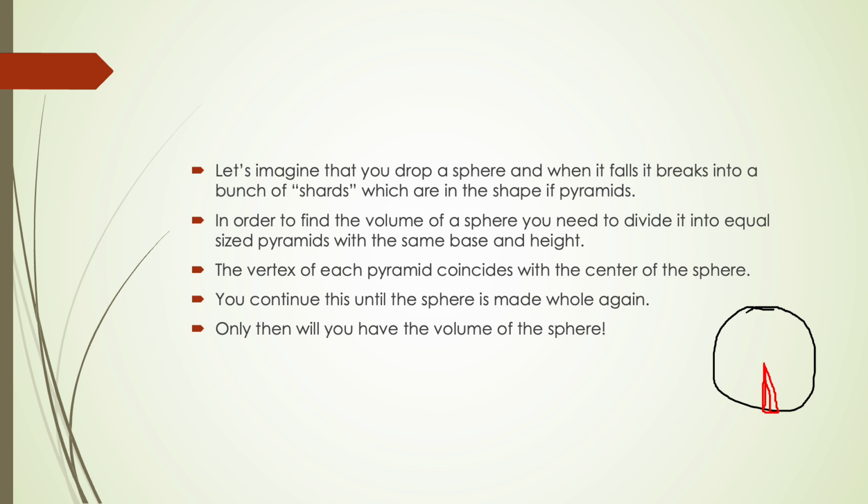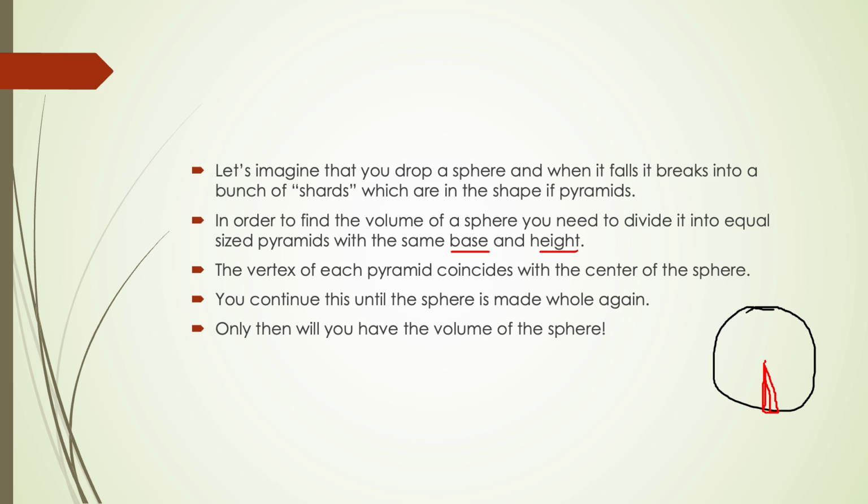Now, in order for you to figure out the volume of this sphere, you're going to need to divide and make sure that each one of these pyramids are perfectly equal with the exact same base and height. Now that vertex of the pyramid, remember this little point here, is going to coincide or be aligned perfectly with the center of the sphere.